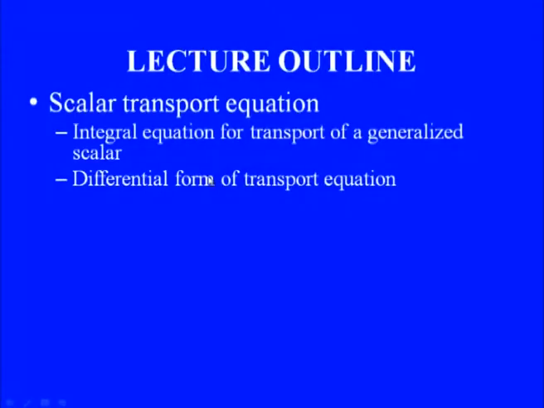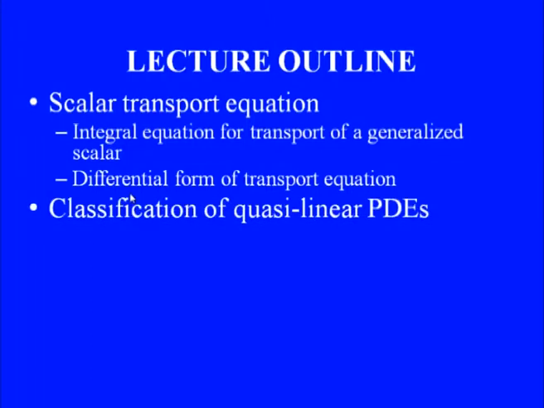So that is what our outline would be. We would start off with a scalar transport equation, obtain an integral equation for transport of a generalized scalar quantity, and thereafter again we would obtain as usual a differential form of transport equation.